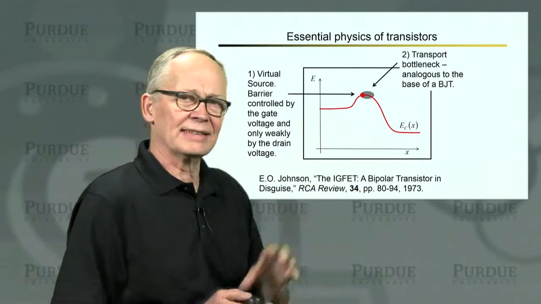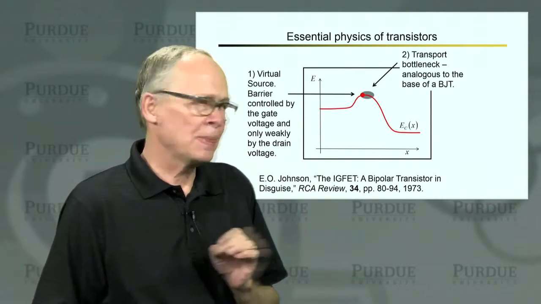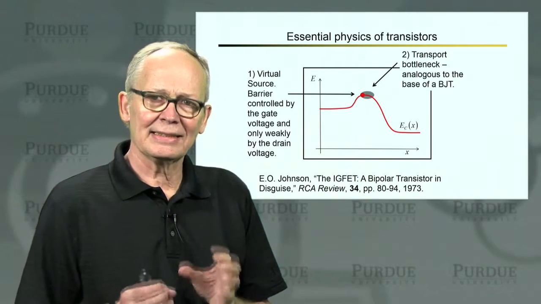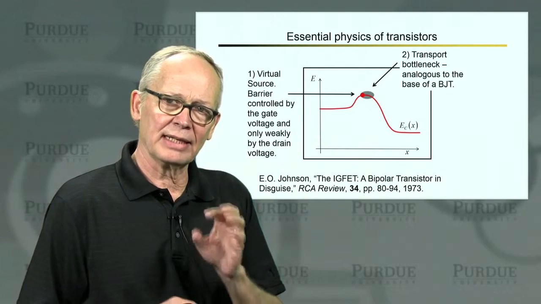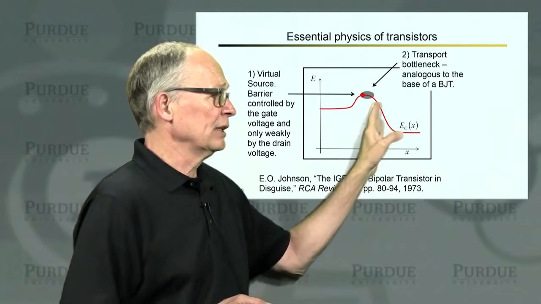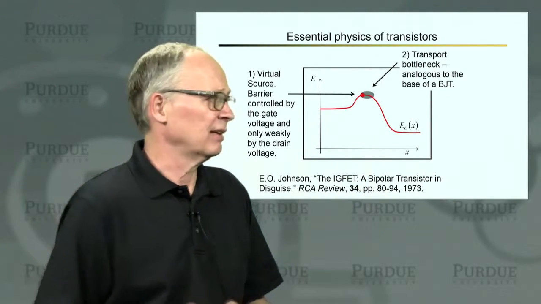As we also discussed, there is a very short region near the beginning of the channel where the electric field in the channel direction is low. This is a bottleneck for transport. Carriers have to get across this bottleneck without scattering, or without scattering too many times. Once they emerge into the high field part of the channel, then they're simply collected.